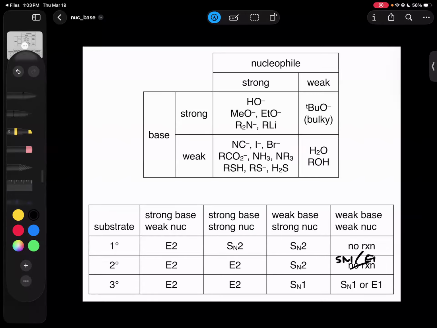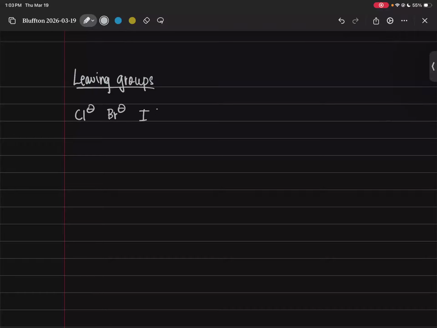Okay, one final thing is on the leaving groups themselves. So in the examples that I've shown you, we've used chloride, bromide, and iodide at some point, I think.